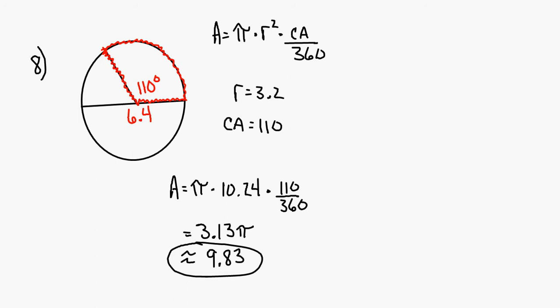All right, number 9. Area of a sector AOB is 16 pi. Find the exact area of the shaded region.